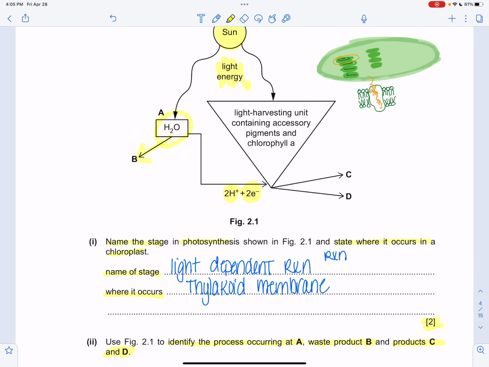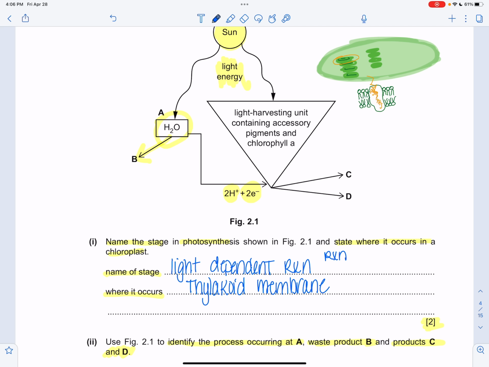The release of the electron is called photoactivation. And then the breaking apart of the water molecule itself, we're keeping the hydrogens because we need the hydrogens in the glucose, the C6H12O6. That's where the hydrogens are going to go.